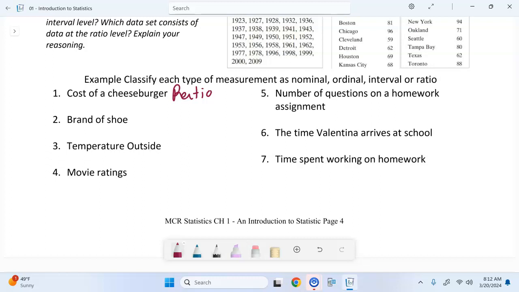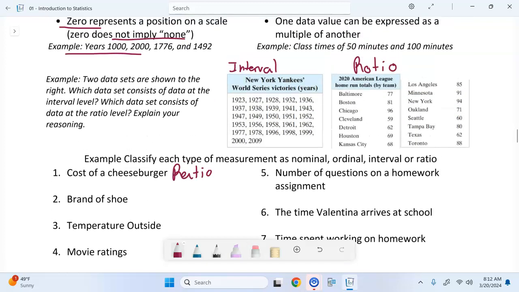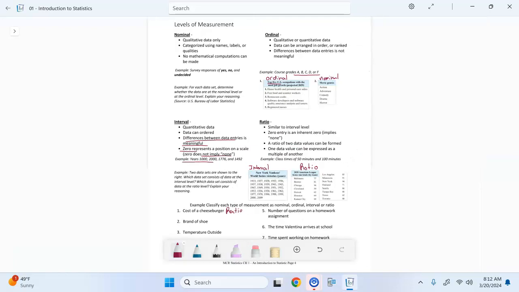That moves it all the way down to the ratio level. So be very, very careful because a lot of these things, notice, data can be ordered. That fact is true for 3 of those categories. Then we have to look at what else, and what else, and what else, until we hone all the way down to where it's as far as we can go.